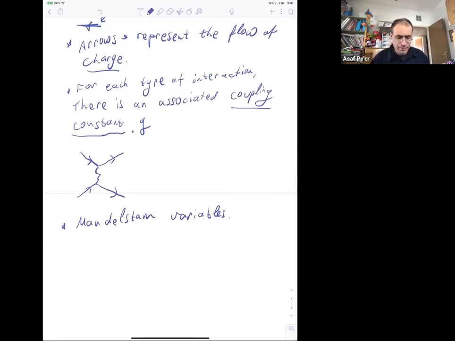So the S channel would be exchange of a virtual particle, so P1 and P2. So basically we have an annihilation here, right? You have an electron, let's say, and an anti-electron that annihilate, producing a virtual particle, and then produce two new pairs of electron and anti-electron.